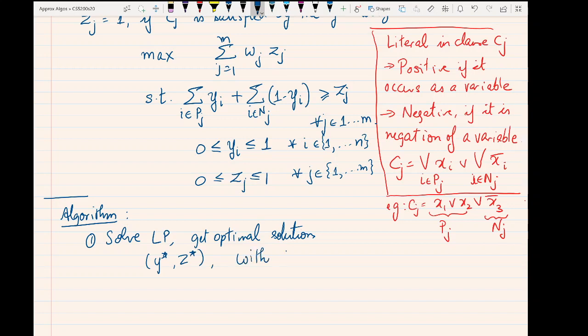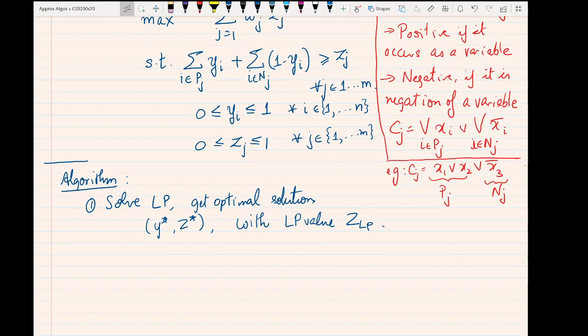And the LP value of this is, we'll say ZLP, as is usual for us. Okay. Now we do the obvious thing. For every variable xi, we look at what yi is.